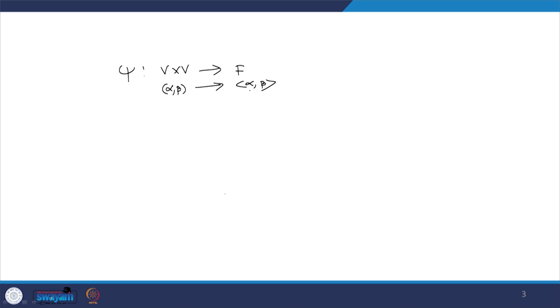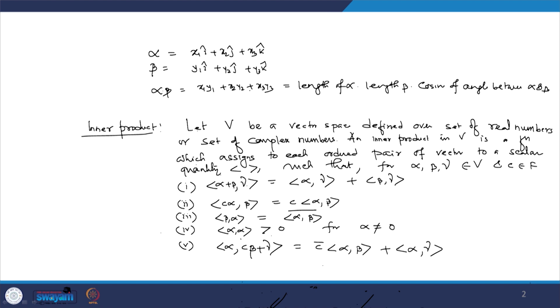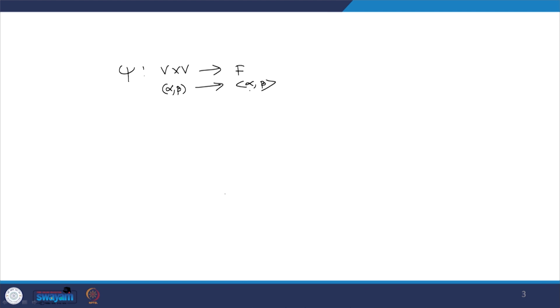Based on this you can see one thing: if you do not consider the third axiom, that is, the inner product of beta, alpha equal to the conjugate of the inner product of alpha, beta, then this fourth axiom will not remain valid when you consider the vector space over the complex numbers. For example, the inner product of i alpha and i alpha is equal to i square times the inner product of alpha, alpha, where alpha is a vector and i is an imaginary quantity.